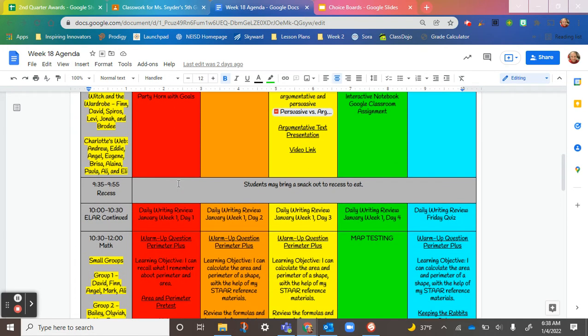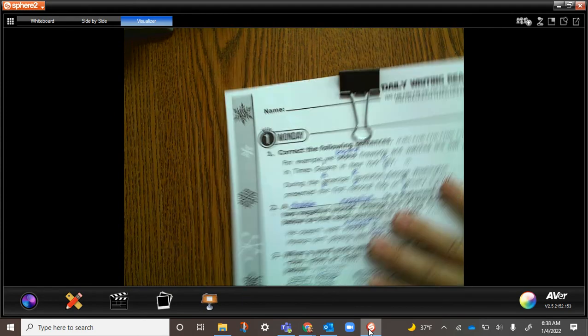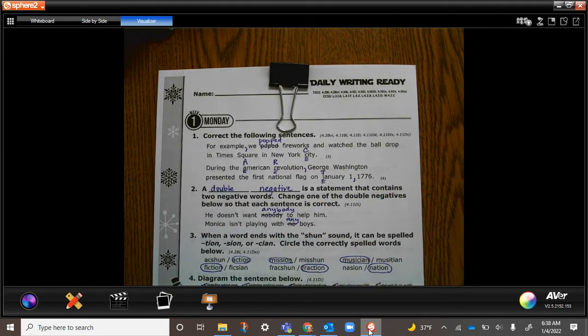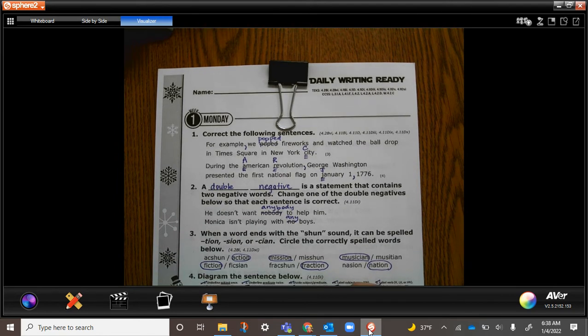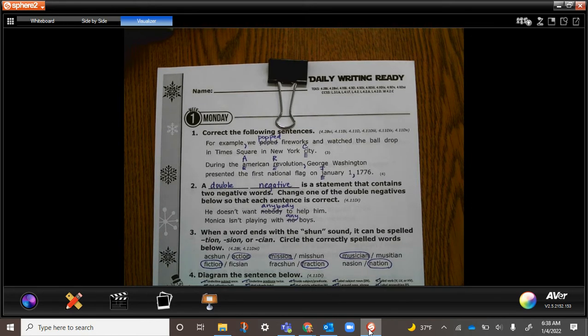And then for writing, this is also in your take home folder. But let me bring up the page so you can see what we did. All right, so we corrected the following sentences. So, for example, comma, we popped fireworks and watched the ball drop in Times Square in New York City.